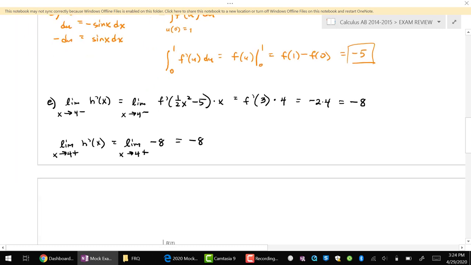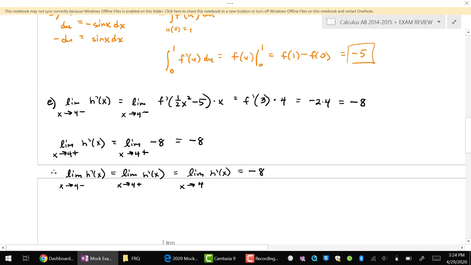So in conclusion, I might say this: therefore, the limit as x approaches 4 from the left of h prime equals the limit as x approaches 4 from the right of h prime, and therefore the limit as x approaches 4 overall of the derivative exists, and that equals -8.